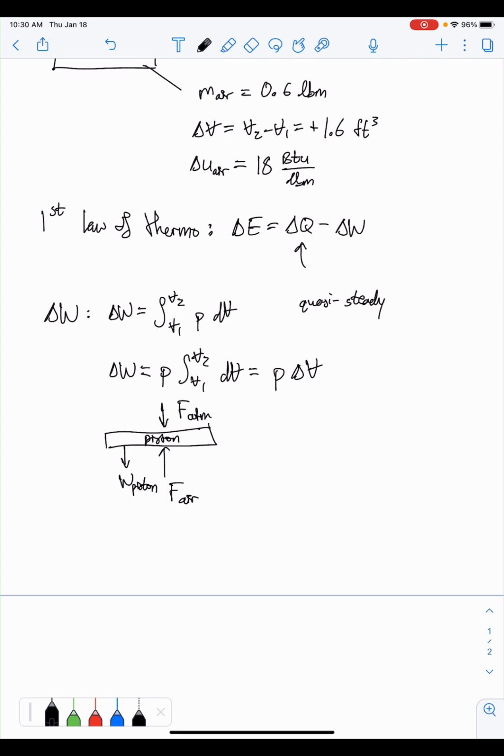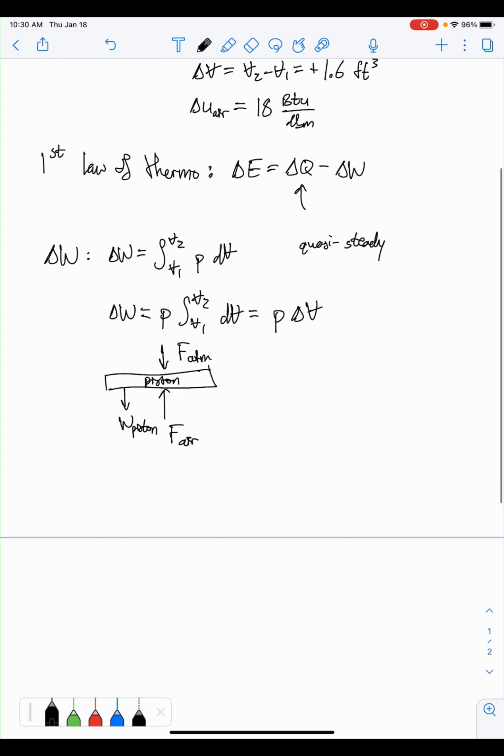And as usual, states 1 and 2 are, in some sense, like a steady state. The system is at rest. Therefore, we can use the following formula if I quickly define my convention. The net force in the y direction has to be 0.